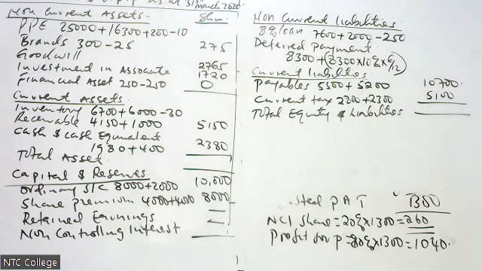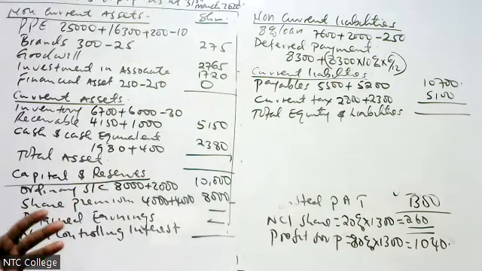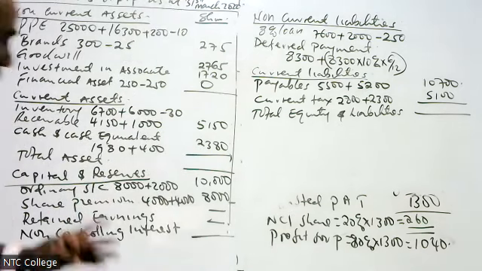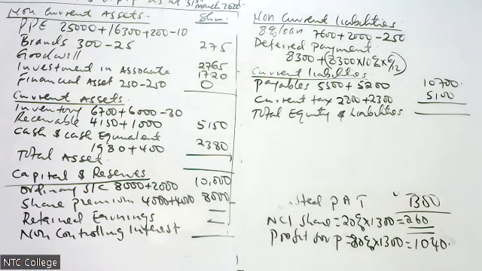Now, the only items we are remaining with are the NCI and the consolidated retained earnings. I want us to compute them right away.